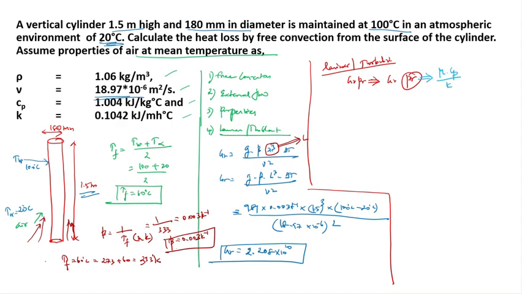We already know that kinematic viscosity is equal to absolute viscosity divided by density, so mu can be written as kinematic viscosity into density, into Cp divided by thermal conductivity. This is the equation for PR. Substituting, that is 18.97 into 10 to the power of minus 6, into density 1.06, into Cp 1.004, divided by thermal conductivity K.